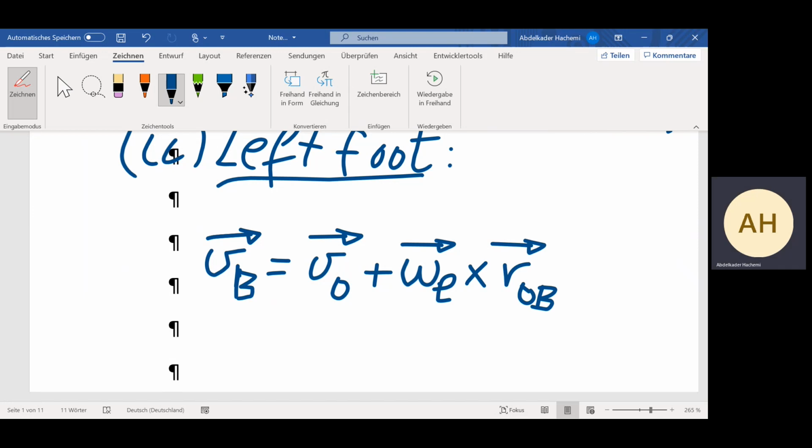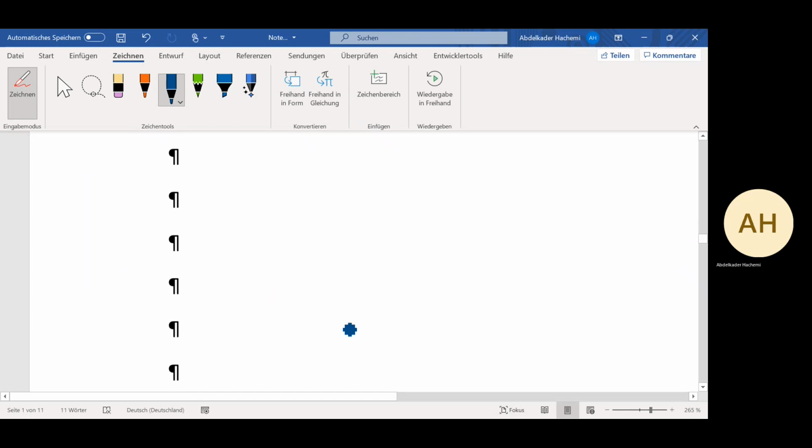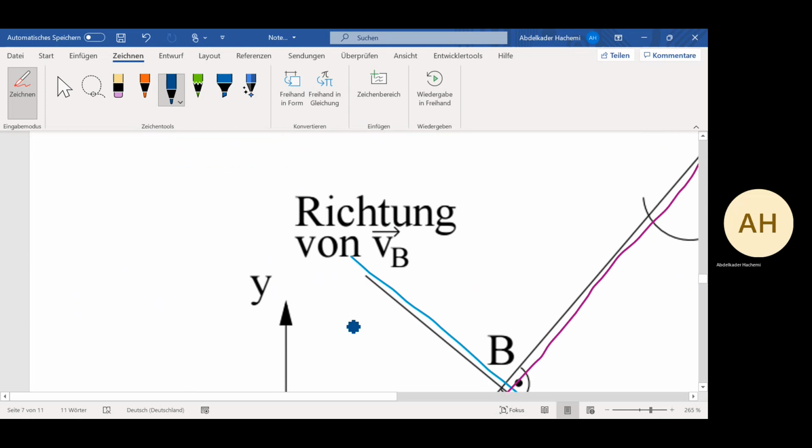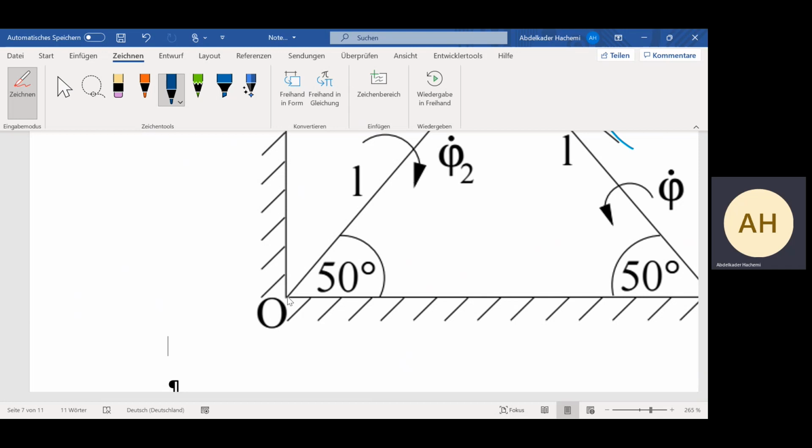Then in this case, we can write VO, which is the fixed point to the left here. The point O here is fixed, as it is said in the statement of the exercise. Then it means that the velocity at this point O is equal to 0.